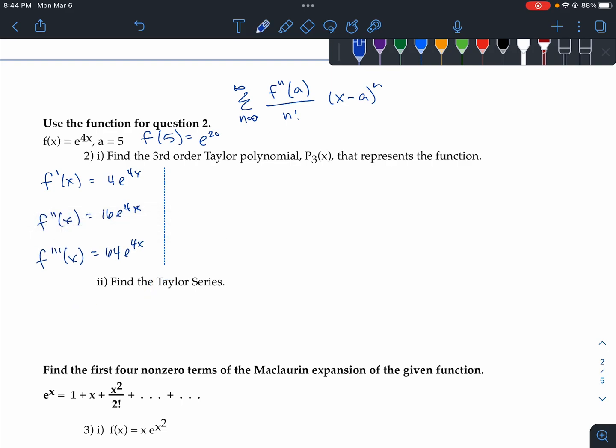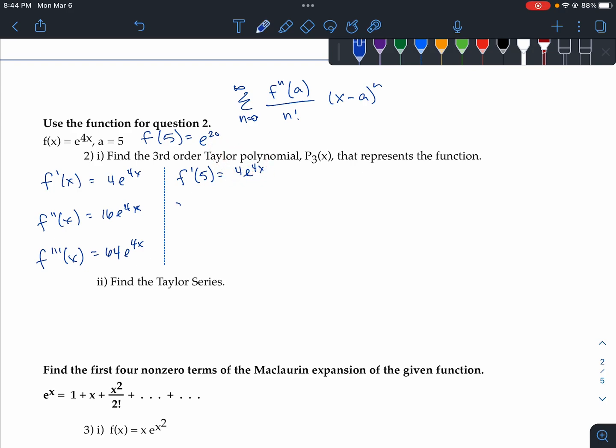The next term's coefficient is going to be the first derivative at 5, and that's going to be equal to 4e to the 4x, but I'm also going to divide by 1 factorial. This is divided by 0 factorial, this is divided by 1 factorial, which won't affect it for either of those.